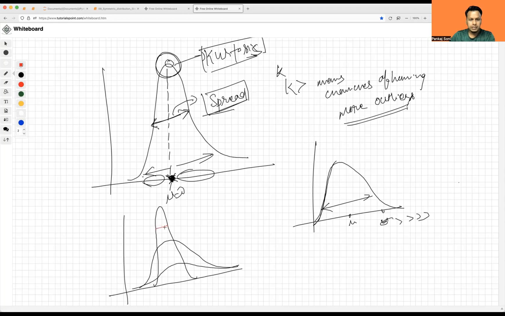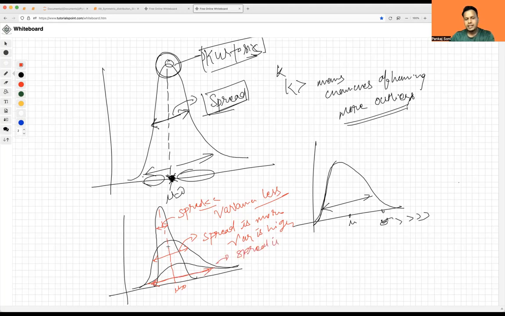So here the spread is less, which means your variance will be less, because all the data will be centered on the mean. Now here, your variance will be high because the spread is more. Here you see too much spread, right? Its width is very high, so spread is also very high.